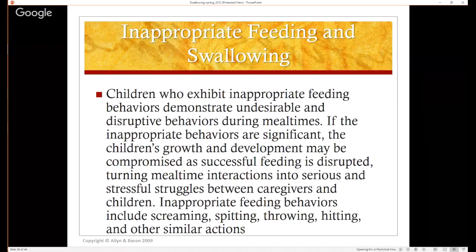Inappropriate feeding behaviors include screaming, spitting, throwing, hitting, and other similar actions. And you could definitely see how these might contribute to children having unsuccessful feeding experiences.